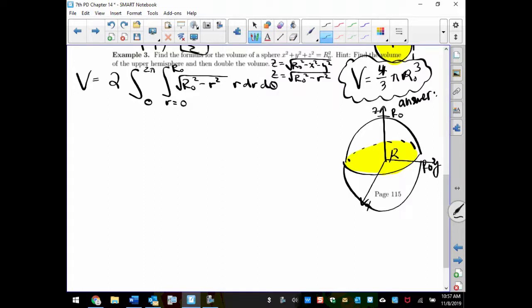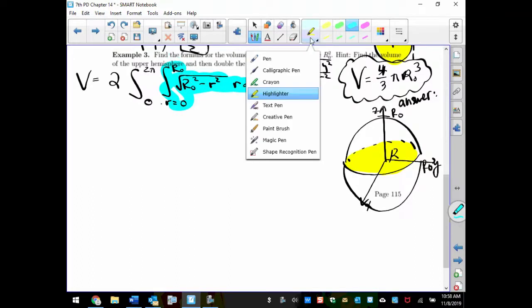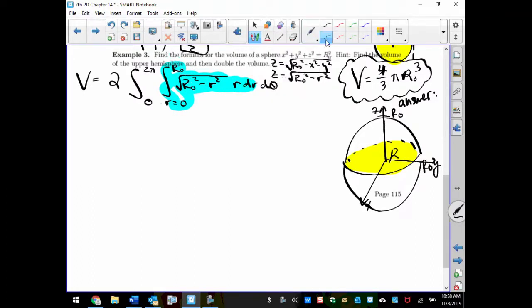Now, in this case, this integral, again, is completely independent of theta. So if there were thetas in the bounds, then we would have to integrate it in order. But here, we can actually separate these two integrals, bring the theta integral out.